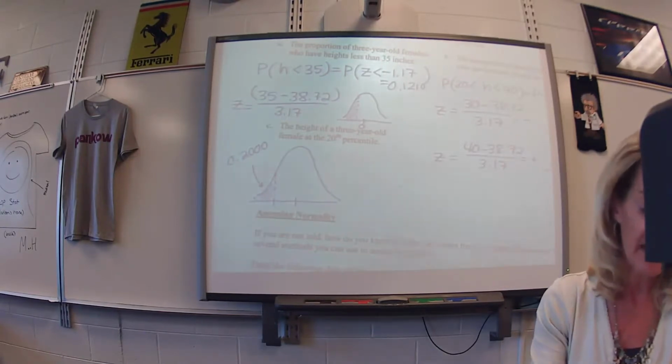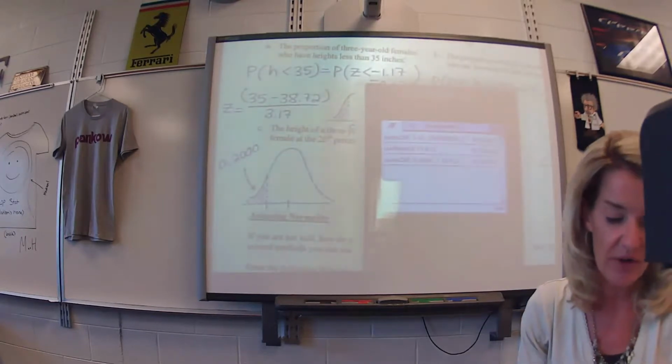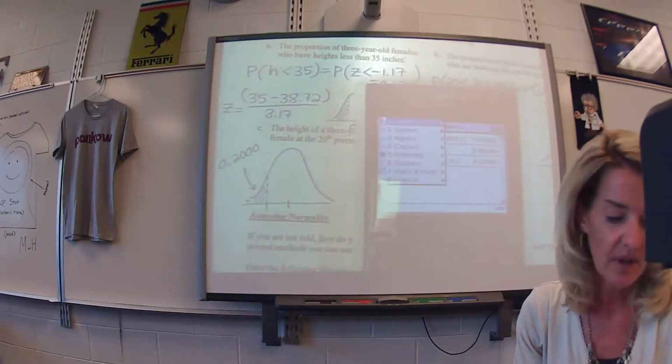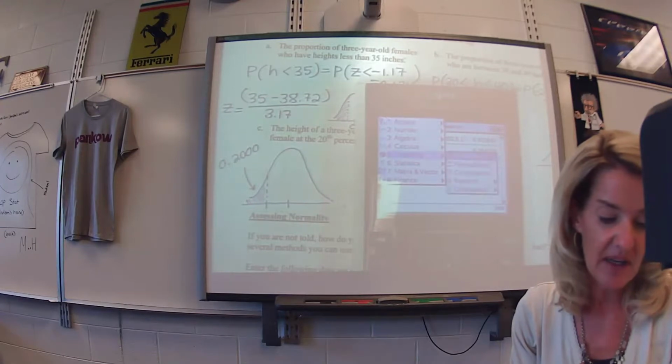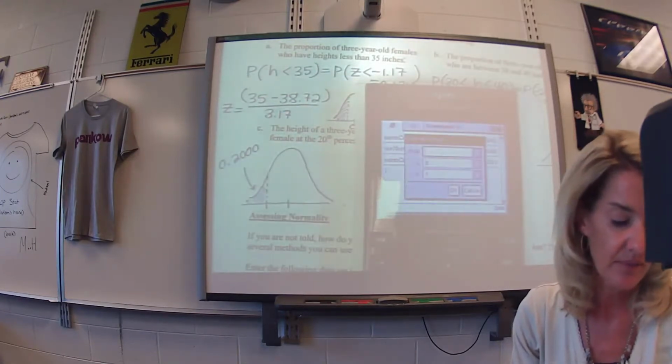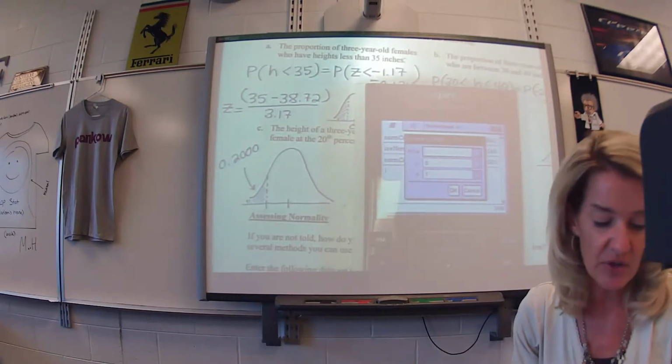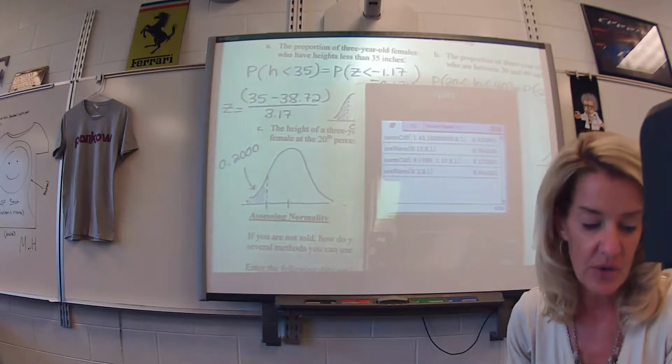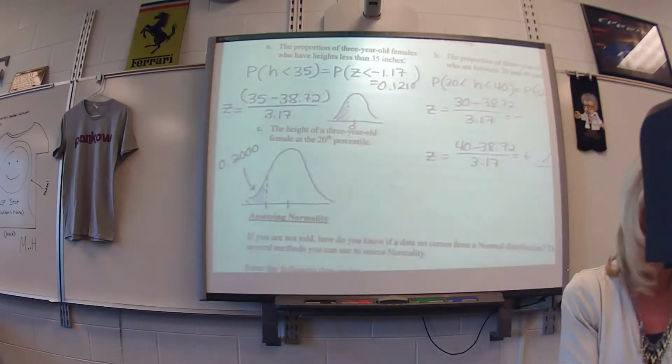All right, back to my Inspire. I just keep flipping back and forth. Let's see, probability, distributions, inverse. Area is 0.2000. So the Z-score is negative 0.84.